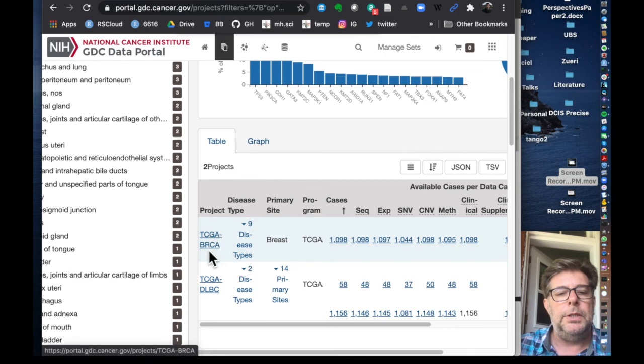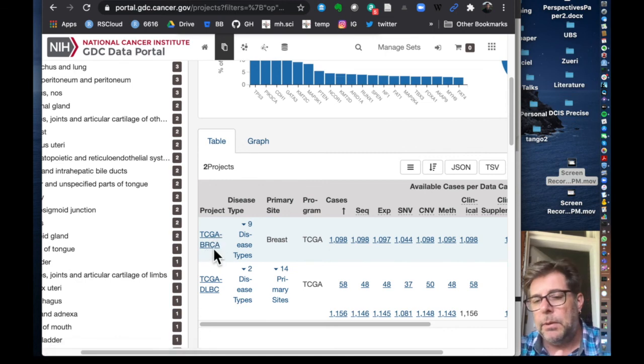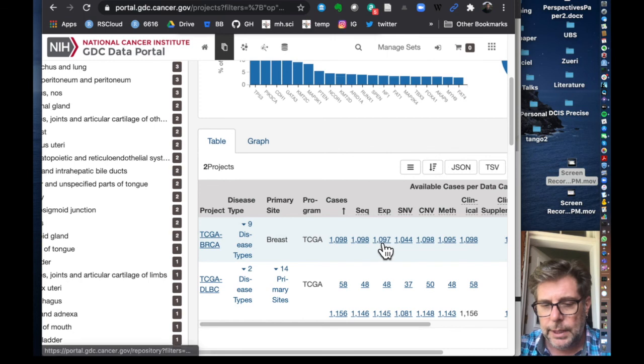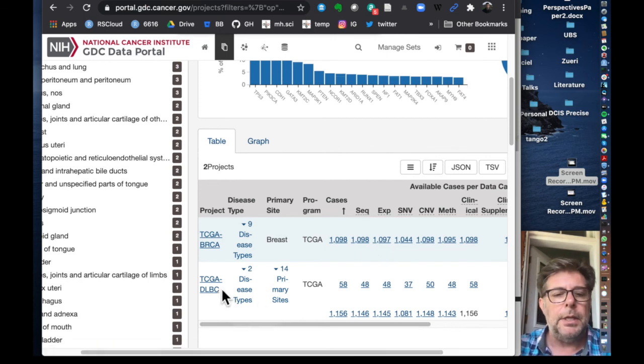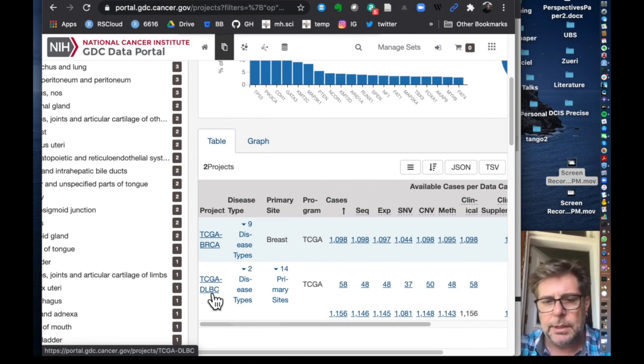One's called TCGA BRCA, and that's the one that we used in the course. You can see that the numbers are around 1,000. And in particular, we took this transcriptional data expression here, 1097. And there's another data set, TCGA DLBC, and I don't actually remember exactly what that data set is, but I didn't use it.